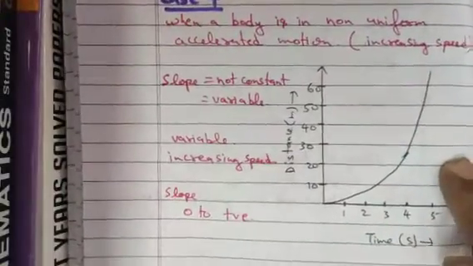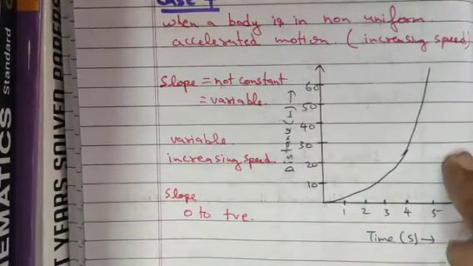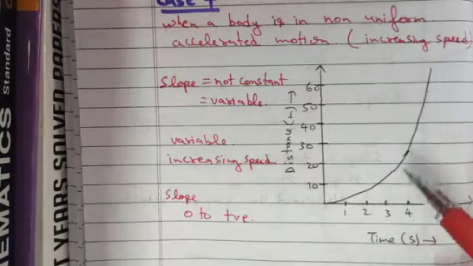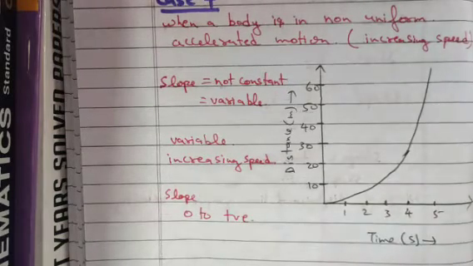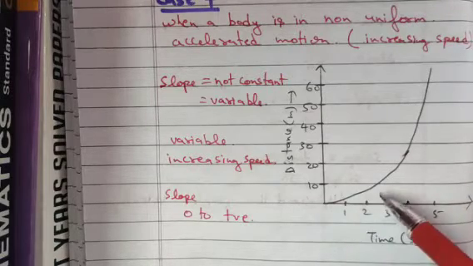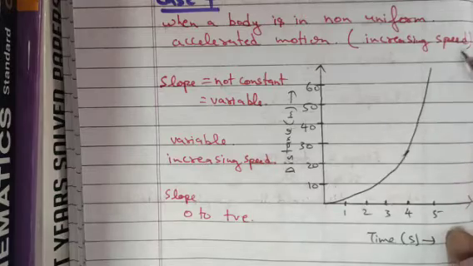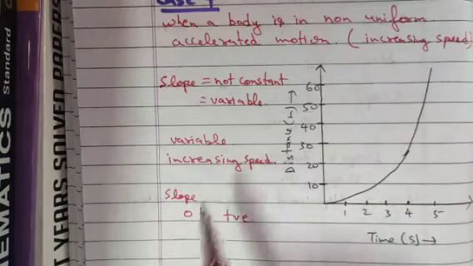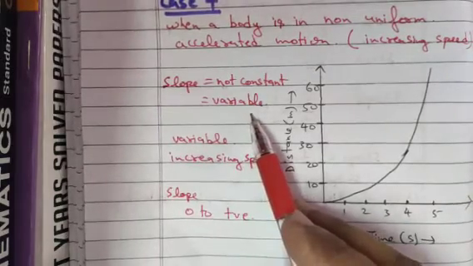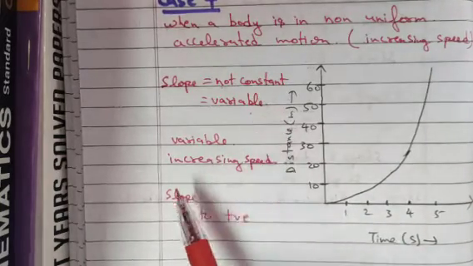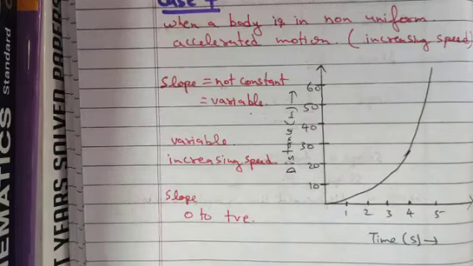Fourth type of graph, when a body is moving with non-uniform speed. Non-uniform speed can be non-uniform increasing speed. So for non-uniform increasing speed, the graph will be in such a manner, like this curved graph. So the slope will be variable and it will not be constant. So the body will be moving with variable increasing speed.